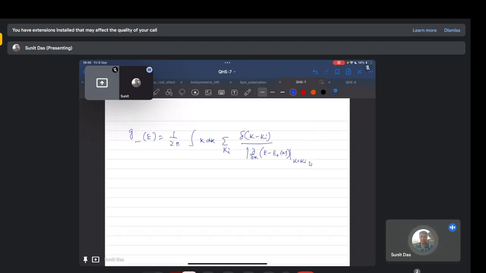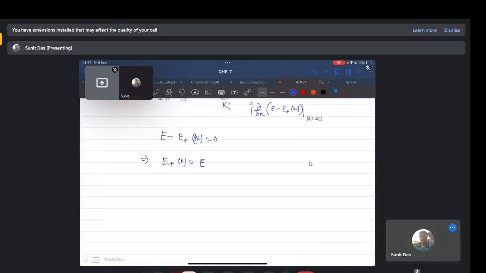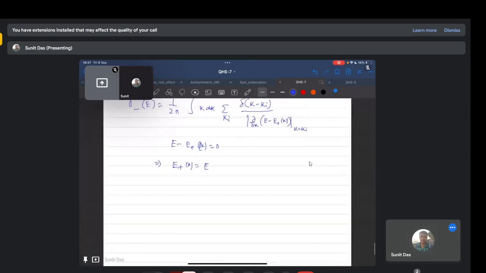Now our first work is to determine the ki. The ki are the roots of this equation, E minus E plus of k equal to 0. That means E plus of k, where E is some energy at which we want to find the density of states. So we have h bar square k square by 2m plus, for E plus it is only plus alpha R k, minus the energy.